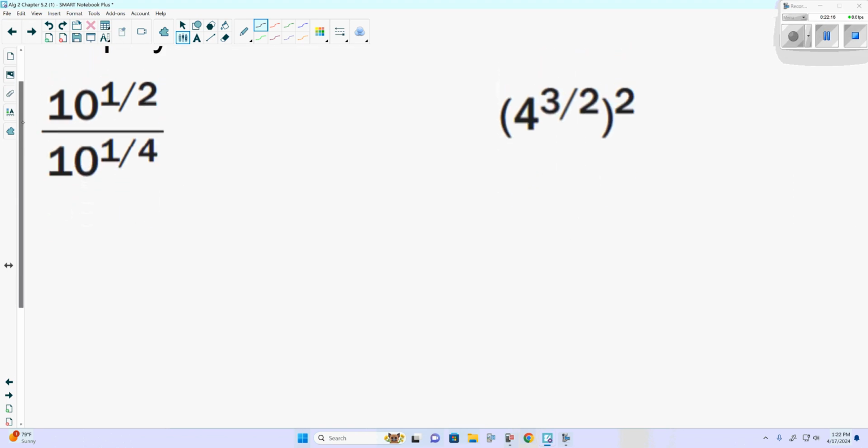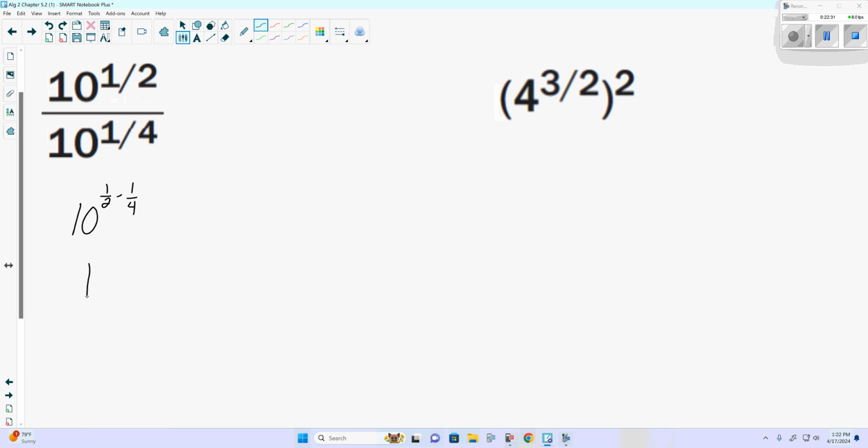10 to the 1/2 divided by 10 to the 1/4. Since we're dividing like bases, we subtract the exponents. So we're going to do 10 to the 1/2 minus 1/4. Well, 1/2 minus 1/4 is 1/4.